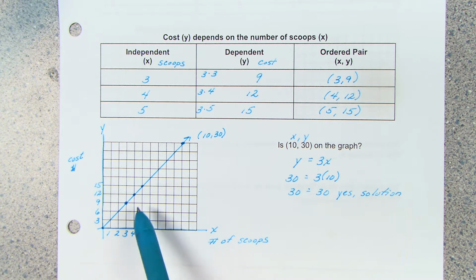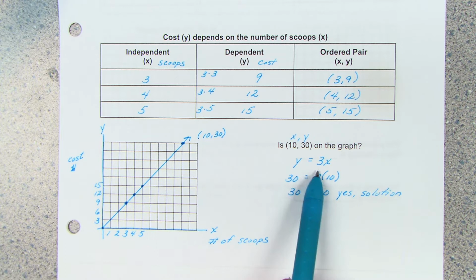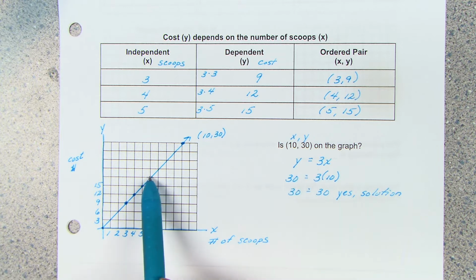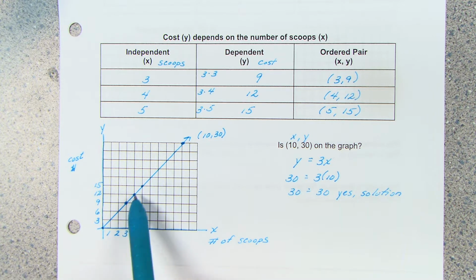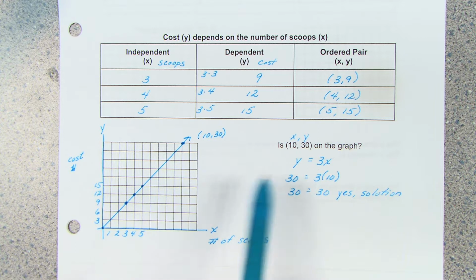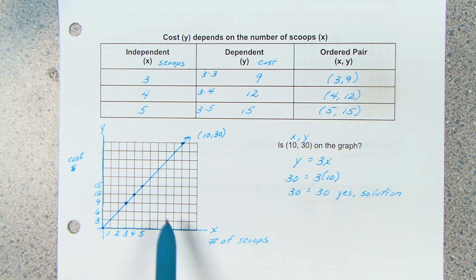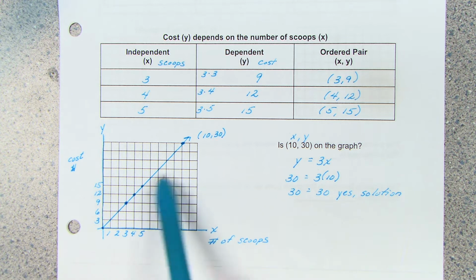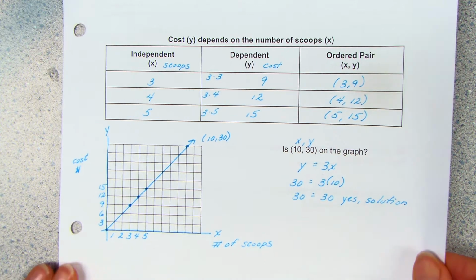Everything that is a solution, anything that will make this true, will also be on this line. And anything that is on this line will also make this true. And there are no extra points off of the line that would make that true. The equation and the line go together. They're different ways of showing the same information. One's a picture and one's an equation, but they're the same.